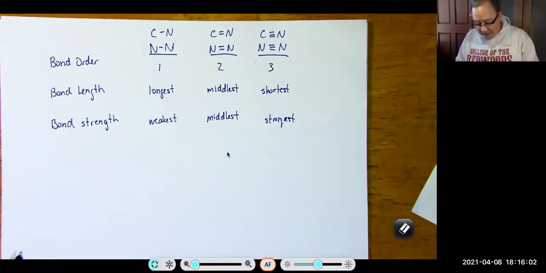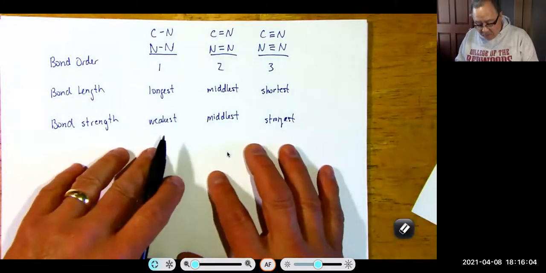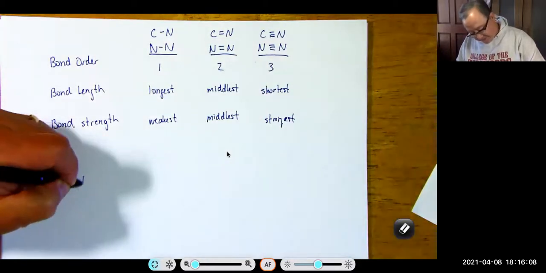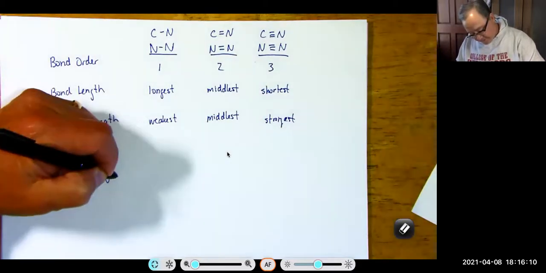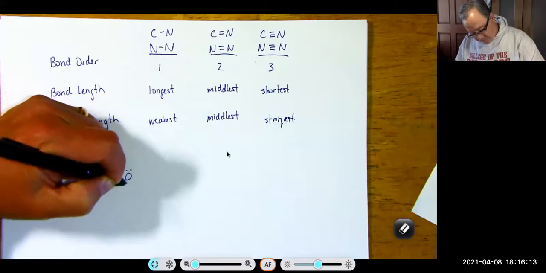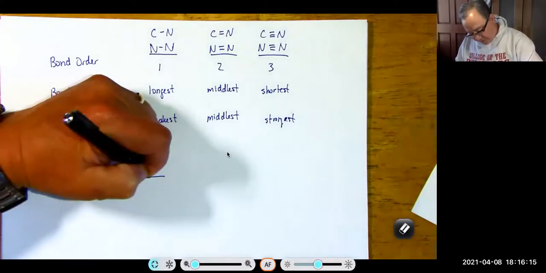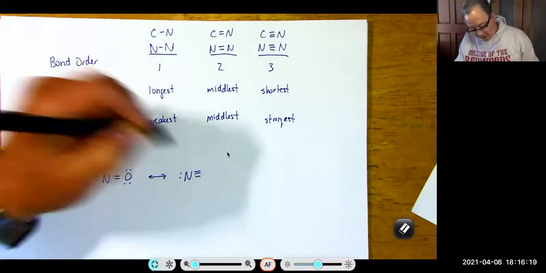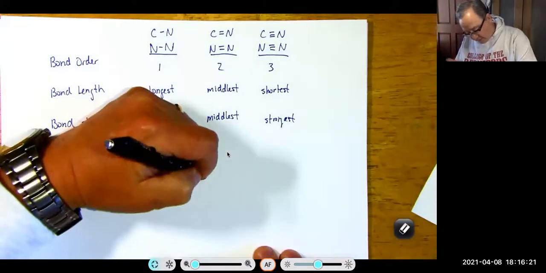Okay, now from that, what do you do if you have something like this? So I think I've switched the two. I had the nitrogen triple bond on the left before, but now I've got it on the right.